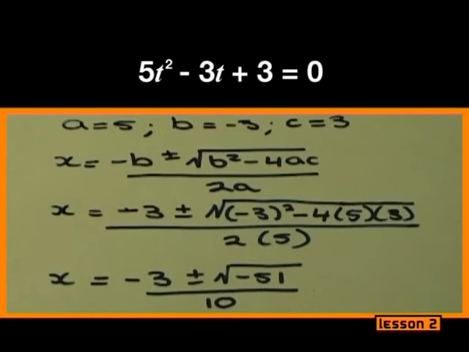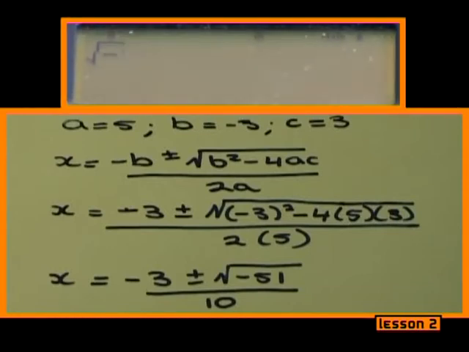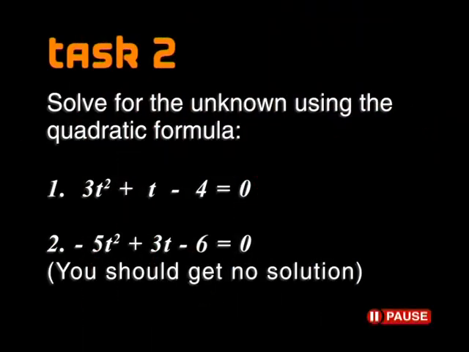That gives me -3 plus or minus the square root of -51, all divided by 10. We cannot take the square root of a negative number, so we say that the value of x is undefined. Here are some practice examples for you to try on your own.